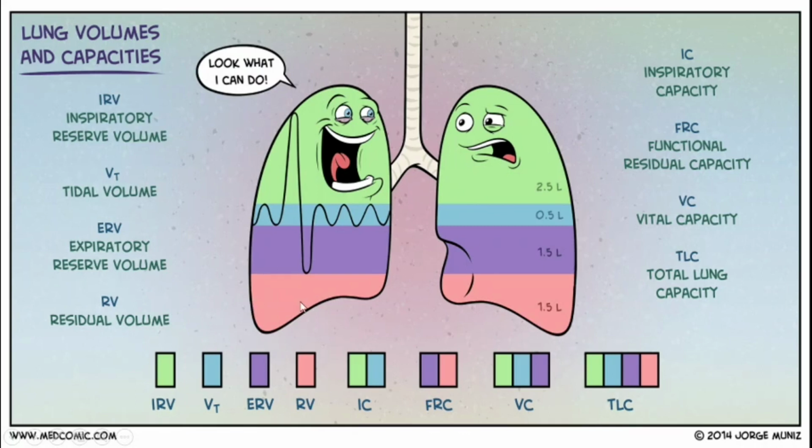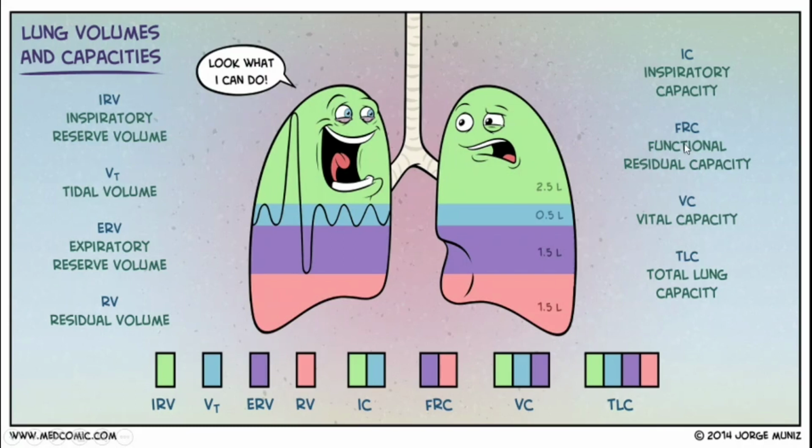Therefore, summing up these three volumes gives you the vital capacity, and that is why it is known as the vital capacity. This is the difference between the total lung capacity and the vital capacity. In the total lung capacity, we have the residual volume, but in the vital capacity, we do not count the residual volume because it is not utilized by you during the breathing.